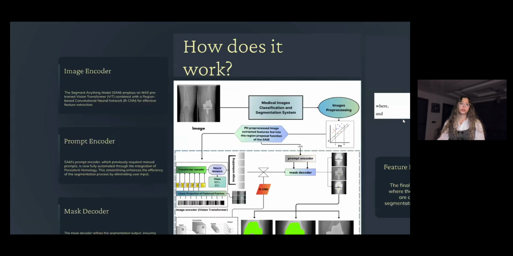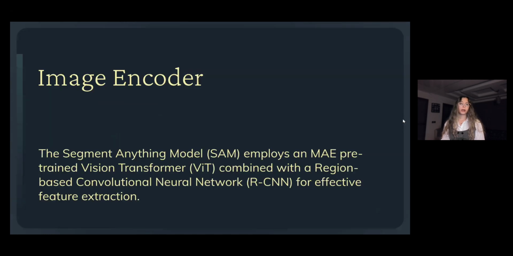It starts with the image encoder, which is powered by an MAE, masked autoencoder, pre-trained vision transformer, minimally adapted to process high-resolution inputs, to extract rich global and local features from the input image. These features represent the image's visual structure and are essential for subsequent segmentation.